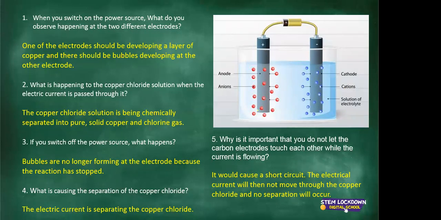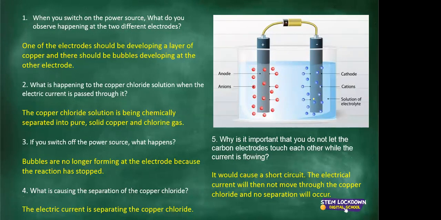So these bubbles and these things that are forming, your anions and your cations, you'll learn later on more about it. But what you need to know for now is basically that the electric current separates the copper chloride solution, and your anode is where the products are broken down.